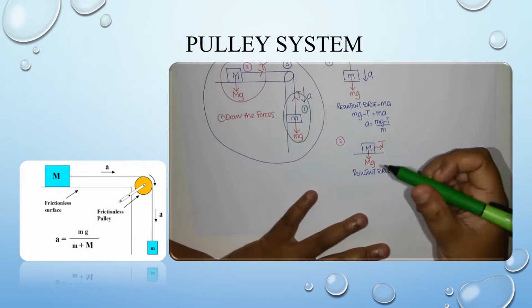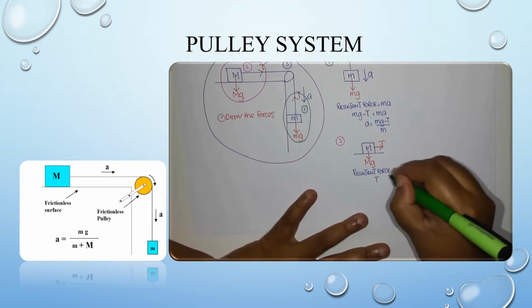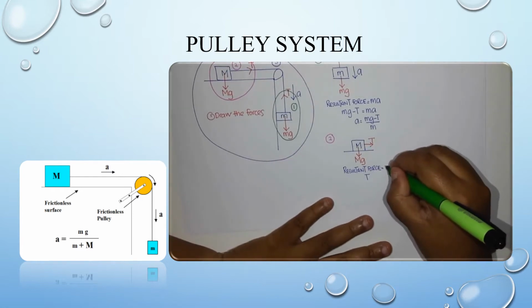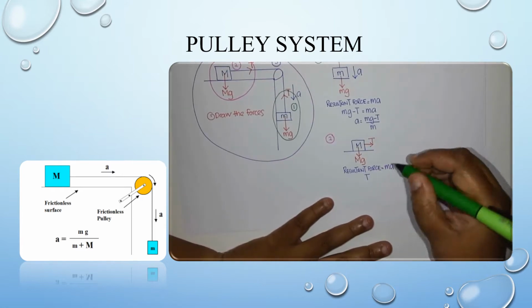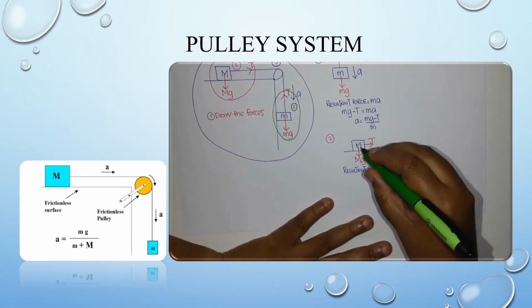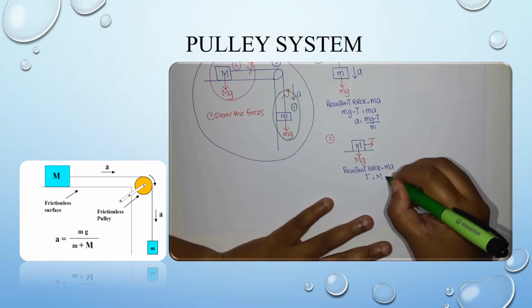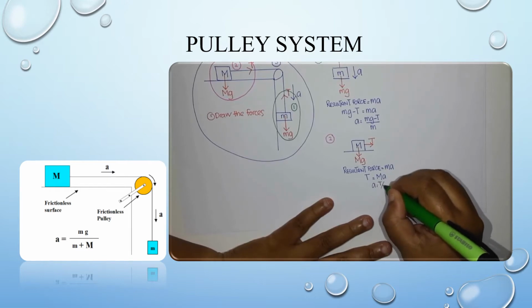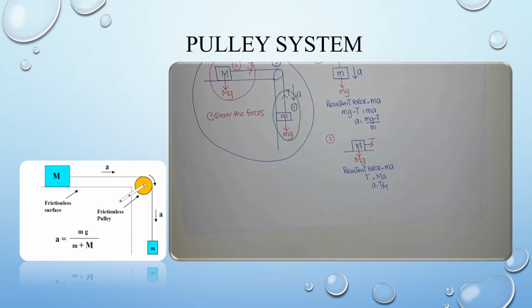The resultant force will be T. According to Newton's second law, it is equal to ma. So T is equal to the mass, which is capital M, times a. So a is equal to T over M.